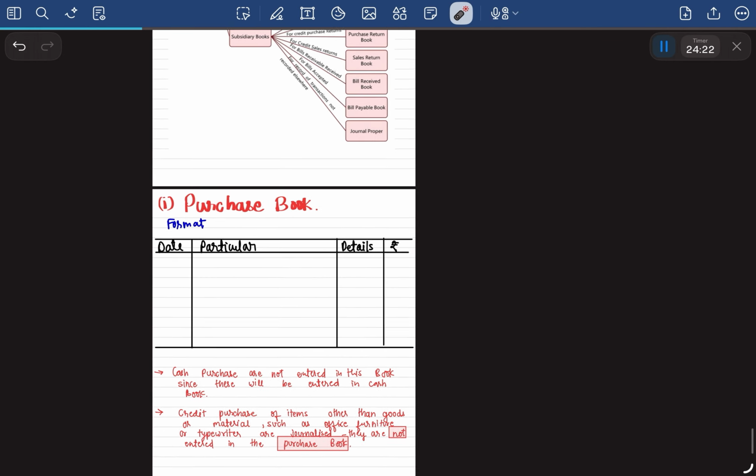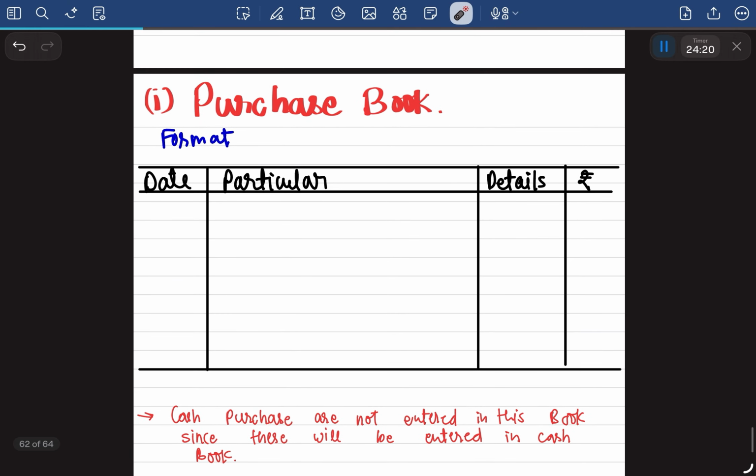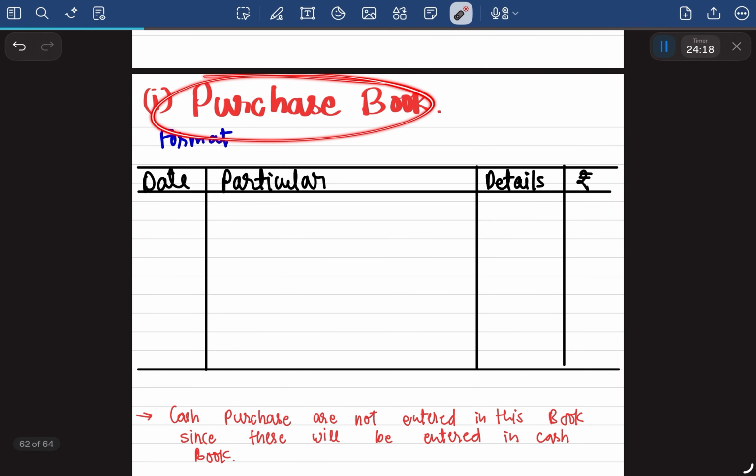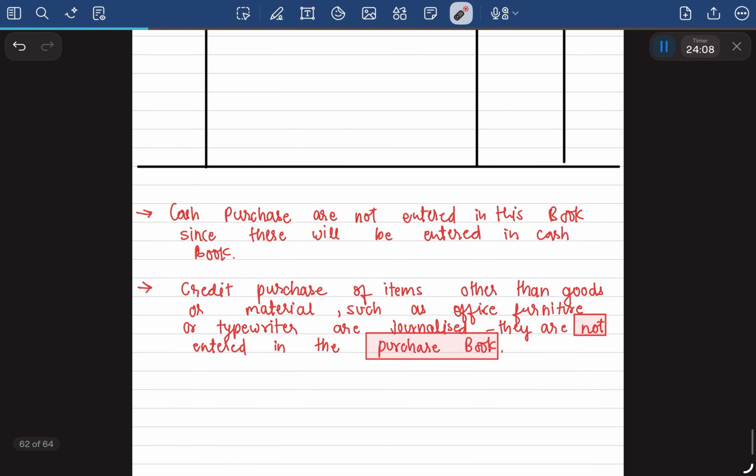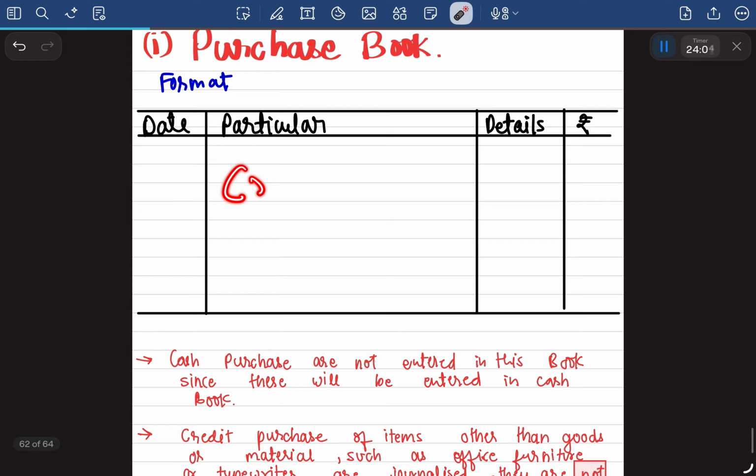So again, we started with purchase book. The format of purchase book is date, particulars, details, amount. We can customize it as per our requirement. We will discuss in the later questions. So, cash purchases are not recorded in purchase book. Only credit purchases are recorded in purchase book. Understand?